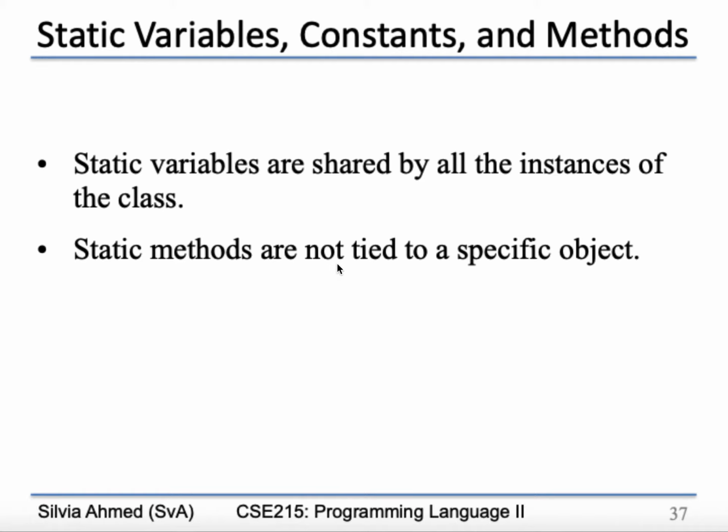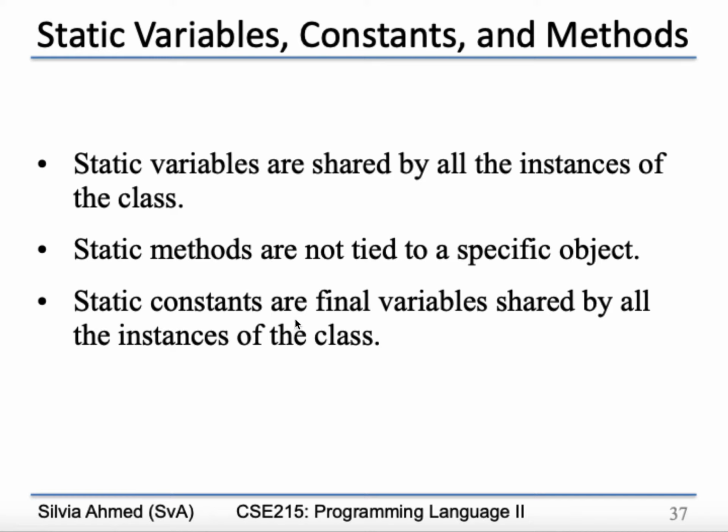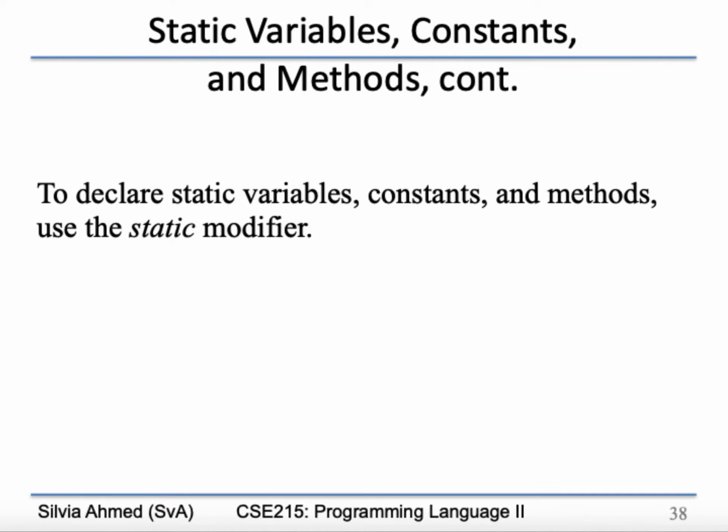Static methods are not tied to a specific object, and static constants are final variables, like constants, which are shared by all the instances of the class. In general, the behavior and the attributes that are not dependent on particular object instances, but are shared by all objects of that class, are known as static members.